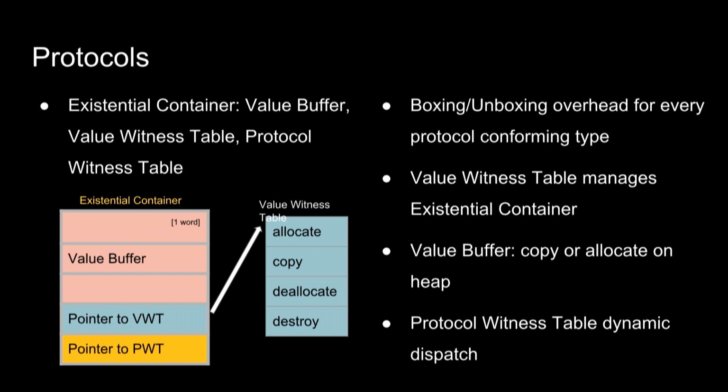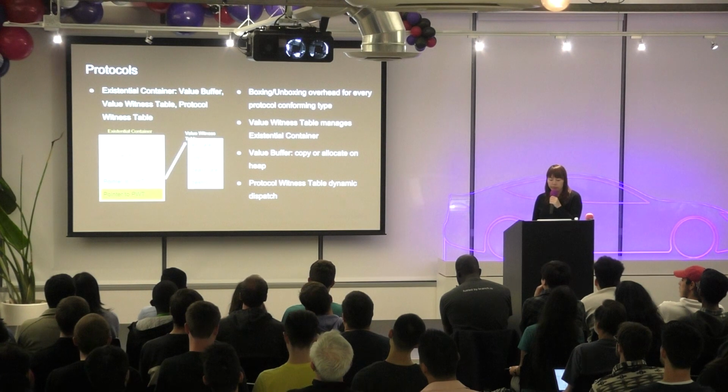Use of protocols comes with the boxing and unboxing overhead of an existential container for every type conforming to a protocol. The existential container is a way of representing a value conforming to a protocol in a generic manner. It contains a value buffer, pointers to a value index table, and a protocol index table.